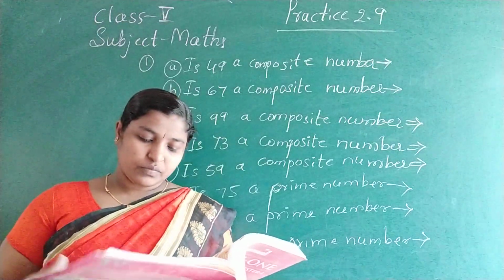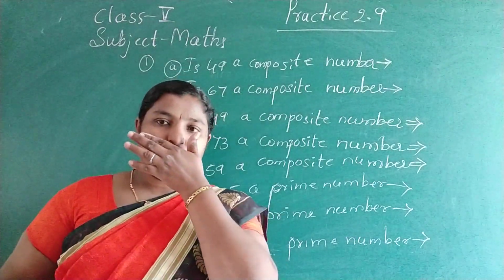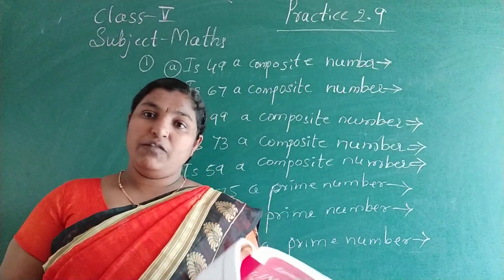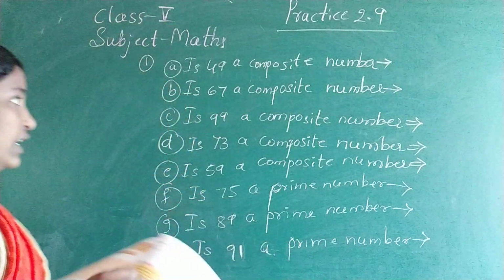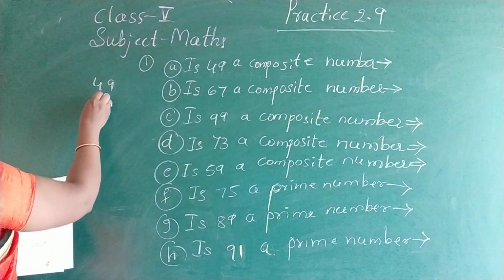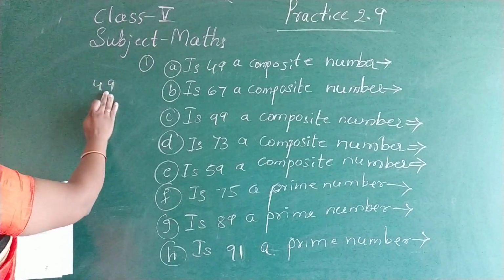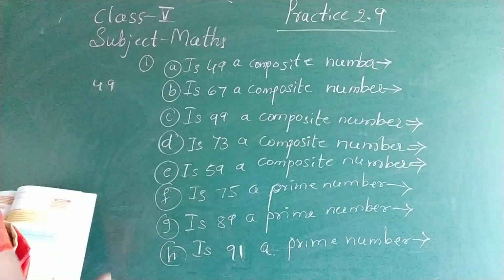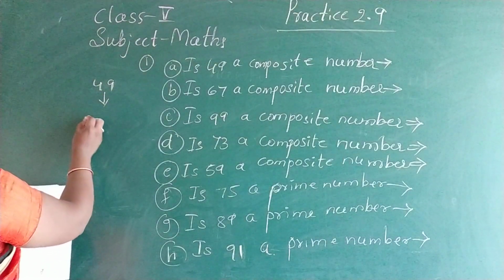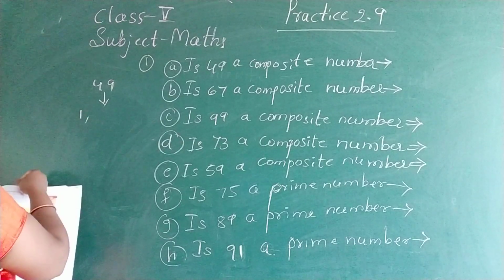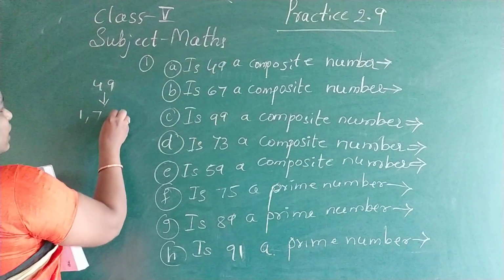First one, A. Is 49 a composite number? You should think how many factors 49 has. See, 49 is in which table? Any number that can be divided by a factor other than 1 and itself is a composite number. 1 times 49 is 49, 7 times 7 is 49.